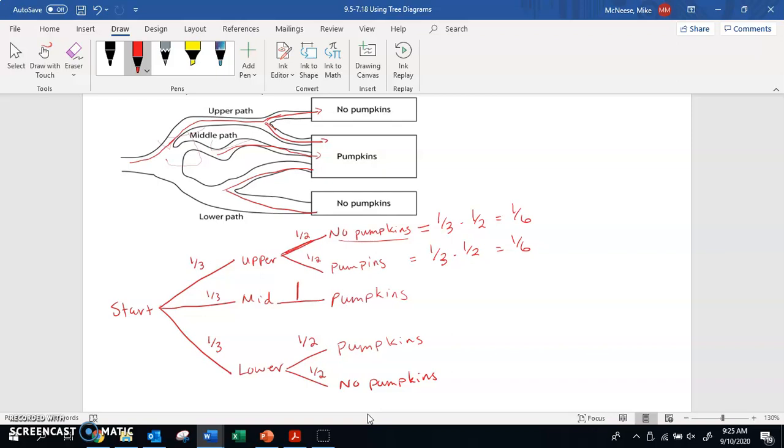The middle has 1 out of 3 and 1. So 1 out of 3 times 1 is just 1 out of 3. And then the lower part is going to be the same as the upper. 1/3 times 1/2, 1/3 times 1/2, and both of these will equal 1/6.